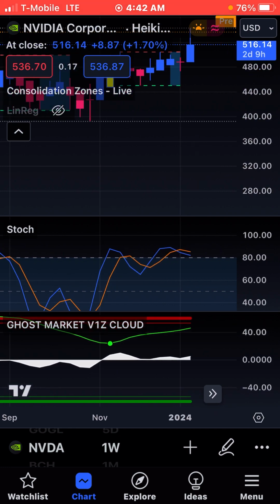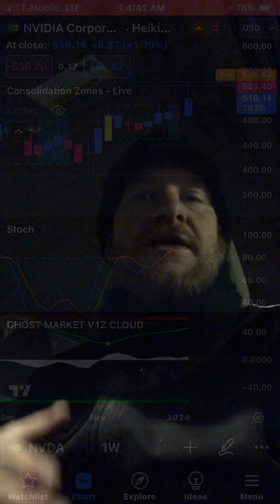So you can see that doing this on the weekly has advantages and disadvantages. The only disadvantage here is when you're doing it on the weekly, you have to wait it out. And when you're trading on the weekly, you have to stomach the ups and downs because it will be going up and down.